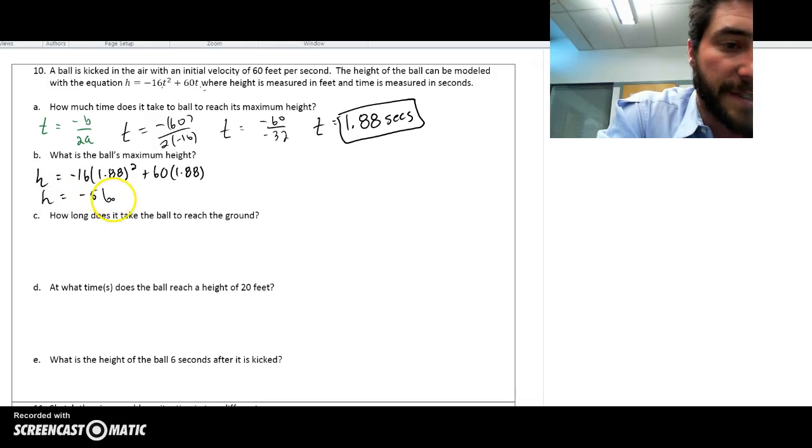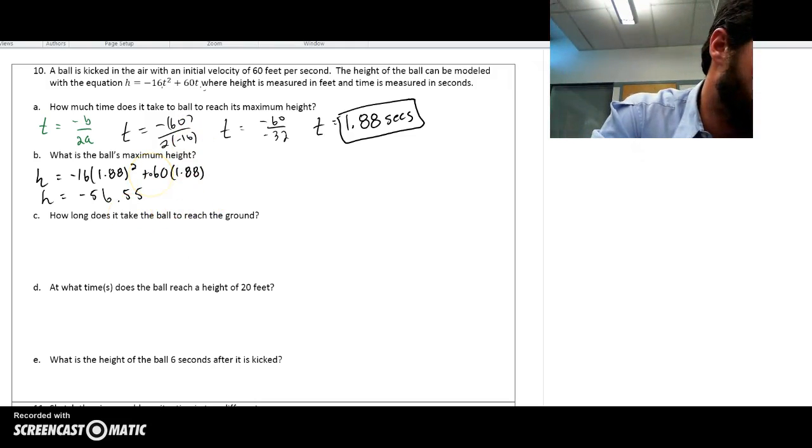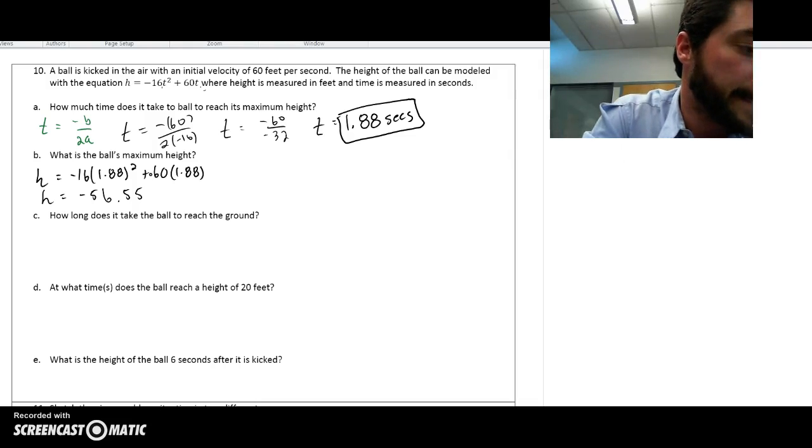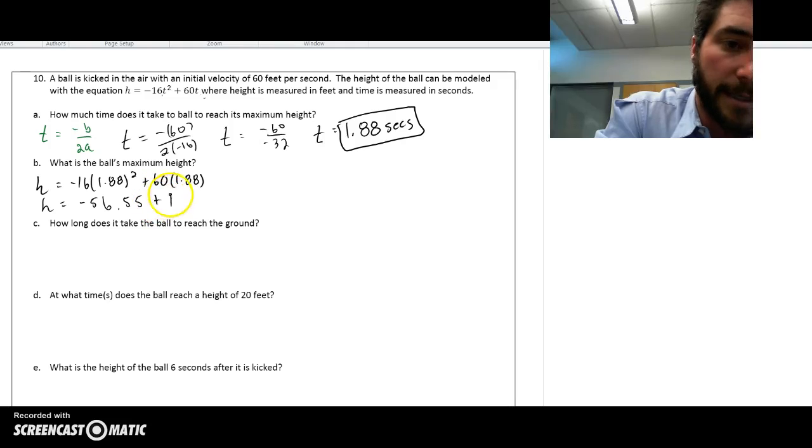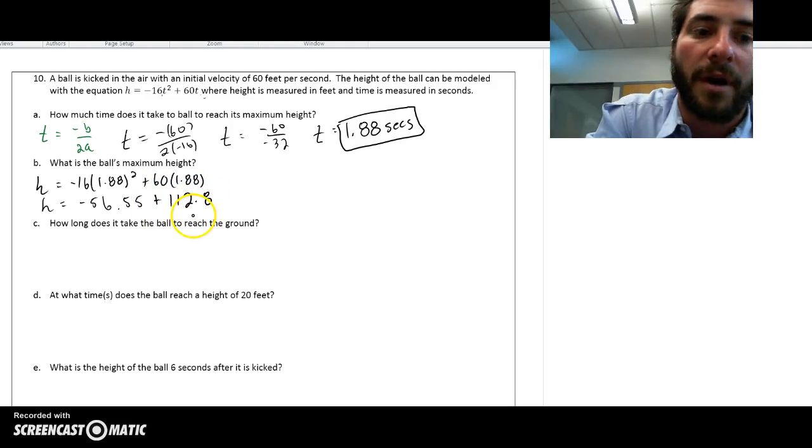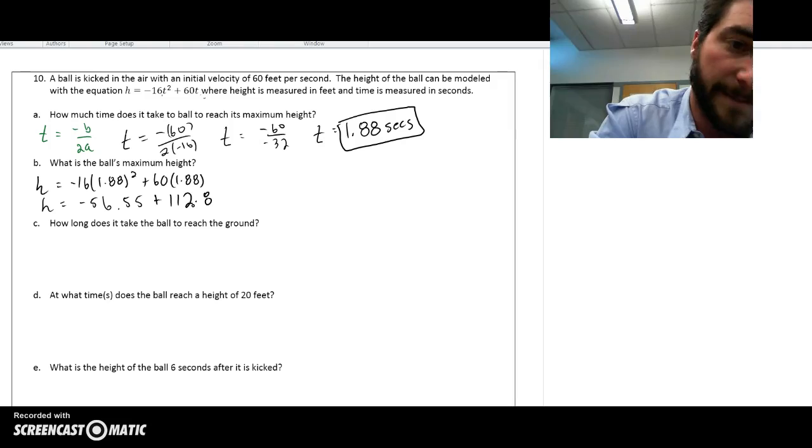You get negative 56.5504. Then multiply 60 times 1.88 and get 112.8. If we add these together, we should get our maximum height.